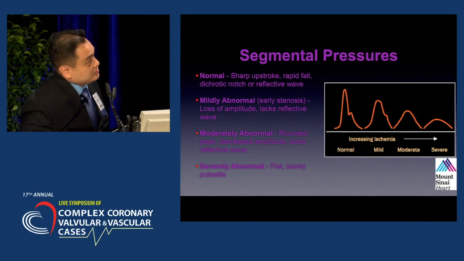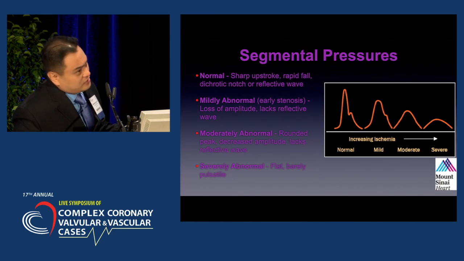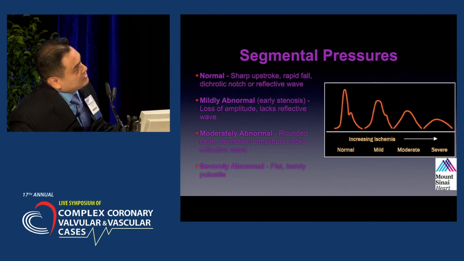So segmental pressures look like waveforms. It's got a dicrotic notch. Looks like arterial pressures, it has a dicrotic notch. And normal waveforms have that nice look to it. As we go further down, it gets damped, and it shows you there's some sort of mild to moderate to severe ischemia in terms of occlusion.